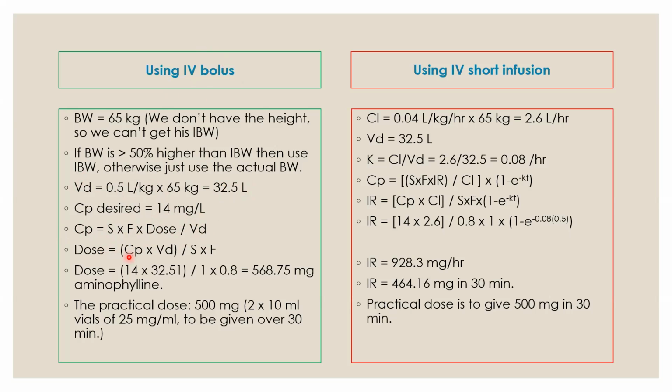And then we get the dose equals CP times VD divide by S times F. So we just put CP 14, VD 32.5, and F 0.8, then we get 568.75 milligram. As we know we have a vial of 25 milligram per ml, in total 250. If we divide by 500, we can get 2 times 10 ml vial.